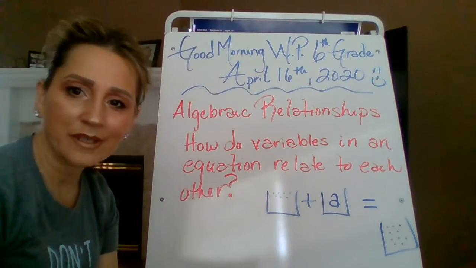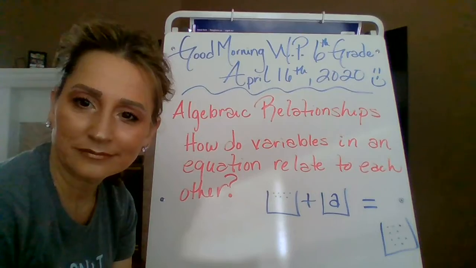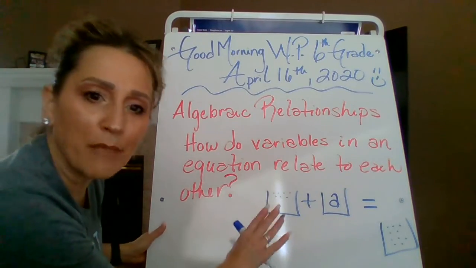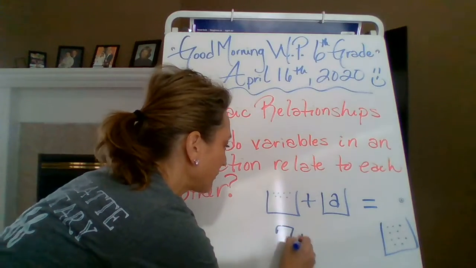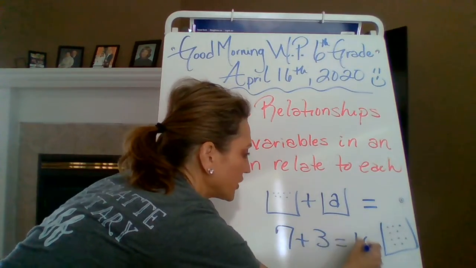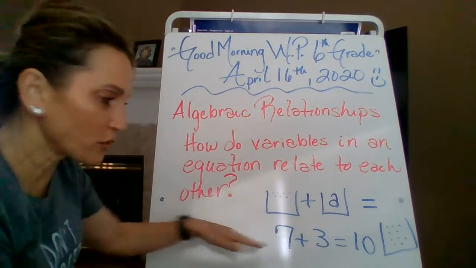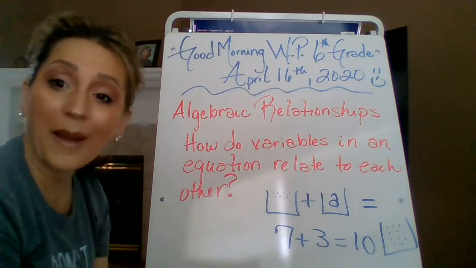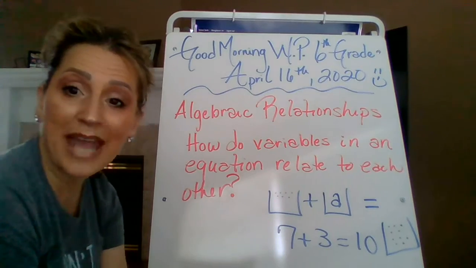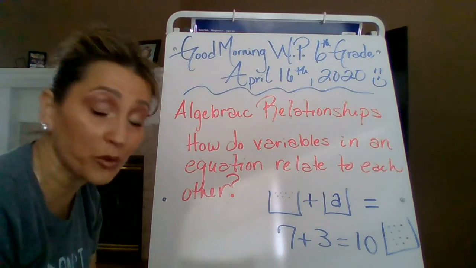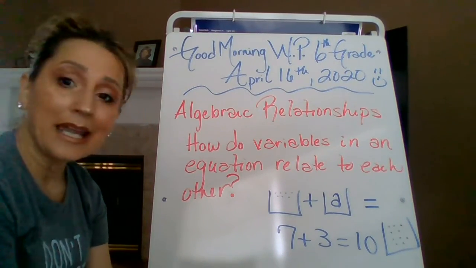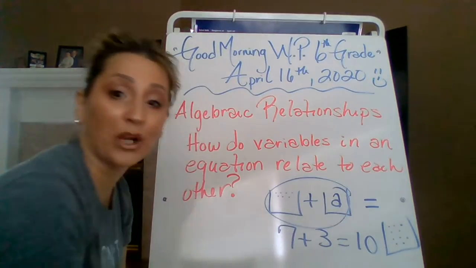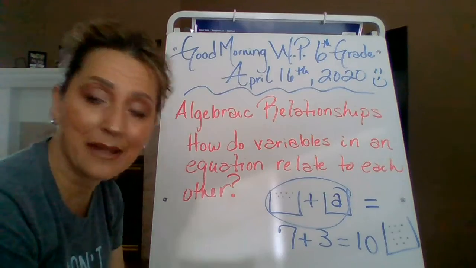First graders, what is A? And they would have just told us it was 3. So we moved from this 7 plus 3 equals 10 notion of numerical mathematical statements to algebraic statements, which now we have to have some relationships between those. As you see here, the relationship is that 7 plus the variable A is going to give me 10.